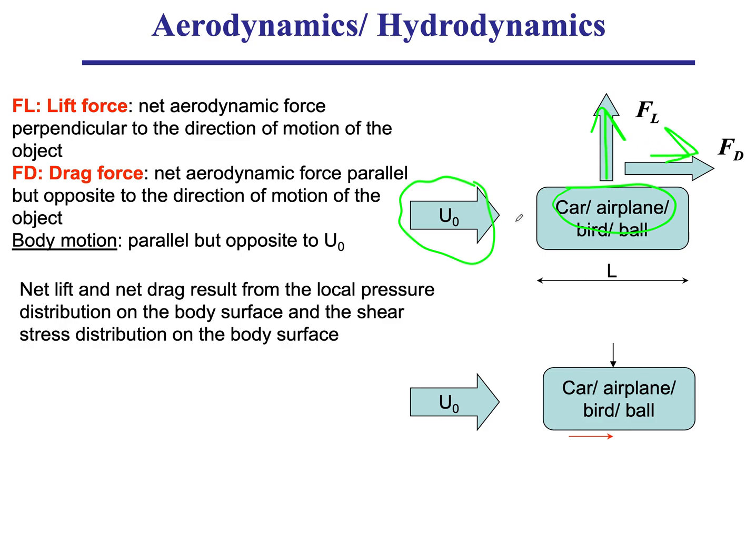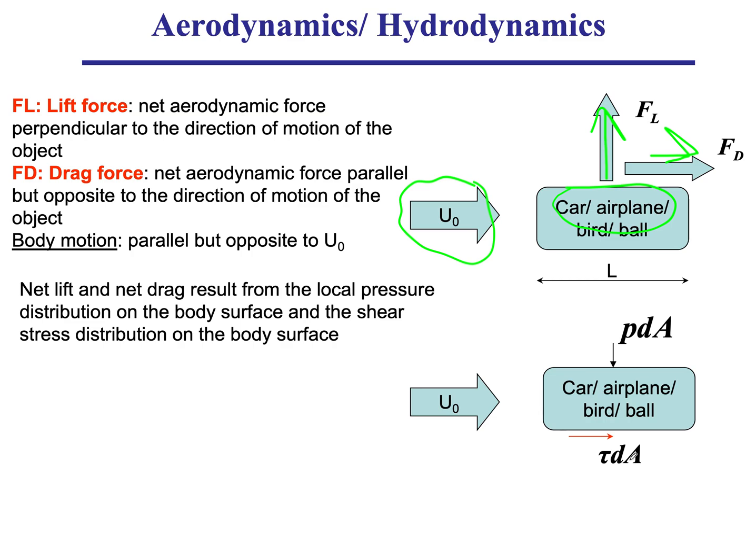The lift force is at 90 degrees to the direction of motion, while the drag force is in the same direction of motion of the fluid on the object. So that's the drag force. And the reason why we have lift and drag force on objects is because we have pressure distribution and shear stress distribution.